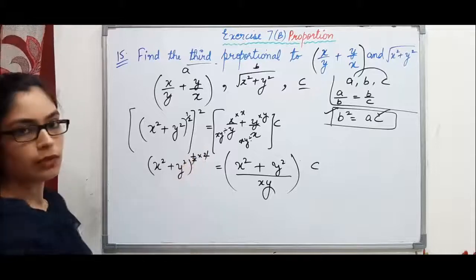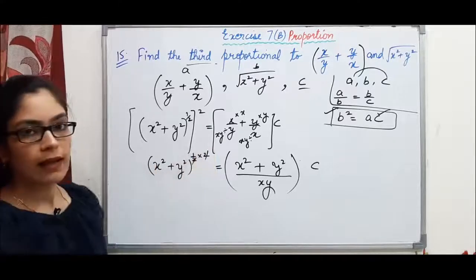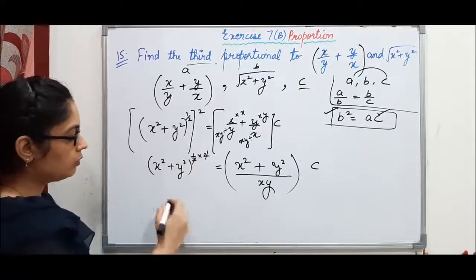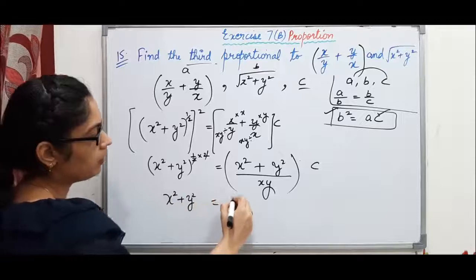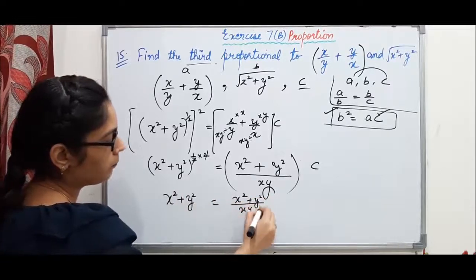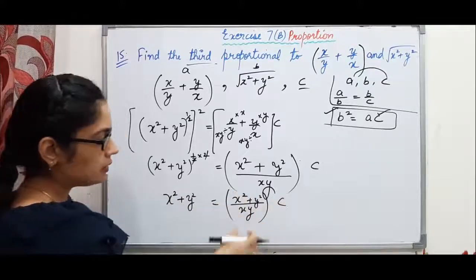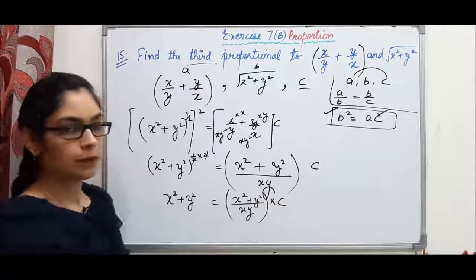Here after solving the powers, because I had written square root as 1 by 2, I have cancelled this 2 with this 2, so I am left with x square plus y square. It is equal to x square plus y square by xy, into c. Now this is again a fraction only. We have to find the value of c.